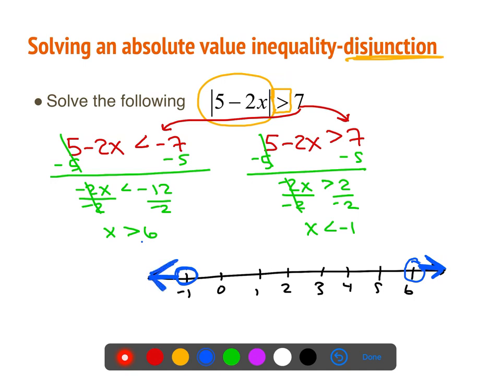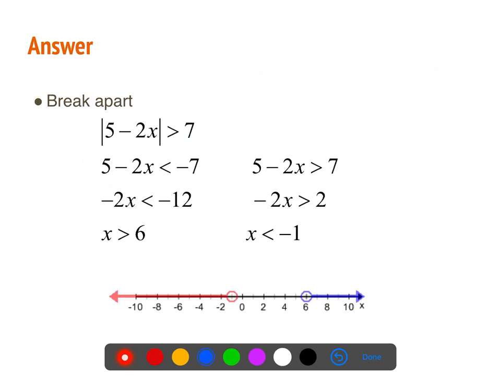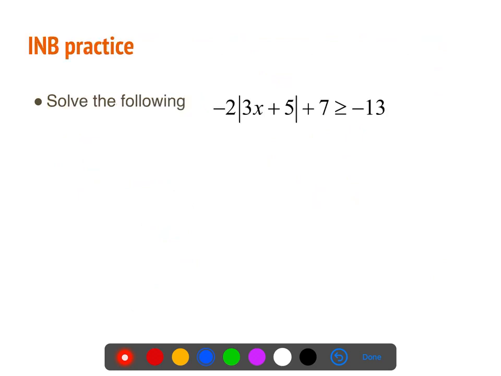So open circle and less or smaller than negative 1. See how my arrows are pointing out? That's disjunction. If I was to use brackets on this, it'd be at negative 1 a parenthesis and at 6 a parenthesis. And this is only when we have the greater than or greater than equal to case. Again, after you've isolated, that's how you tell if it's conjunction or, in this case, disjunction.